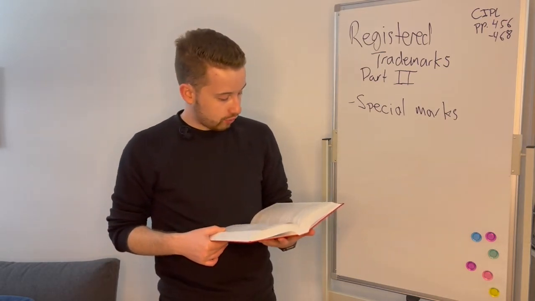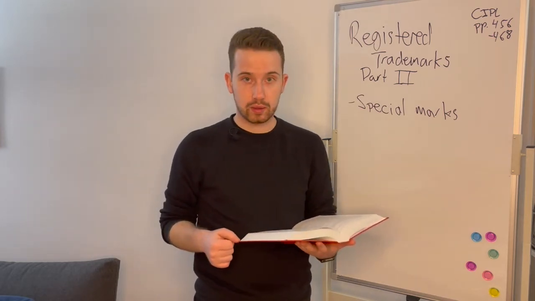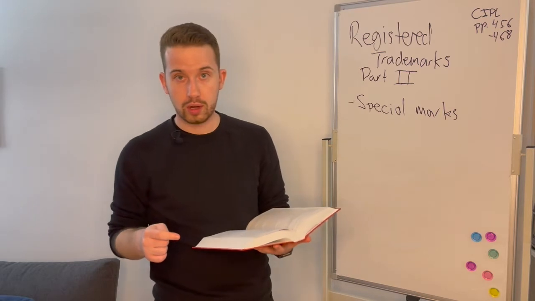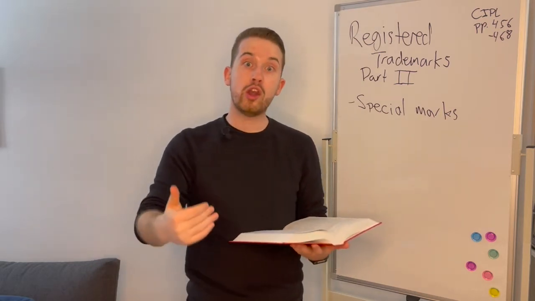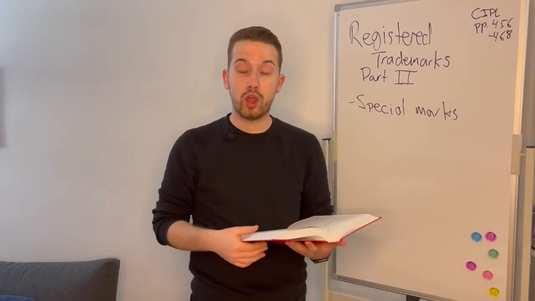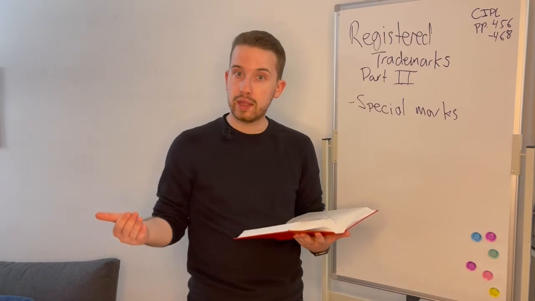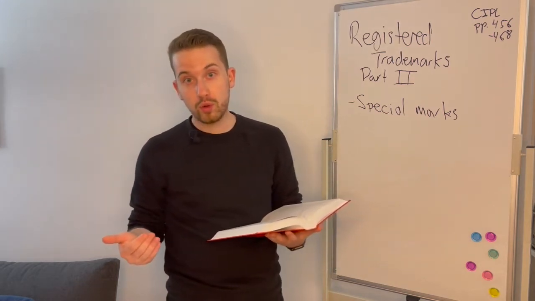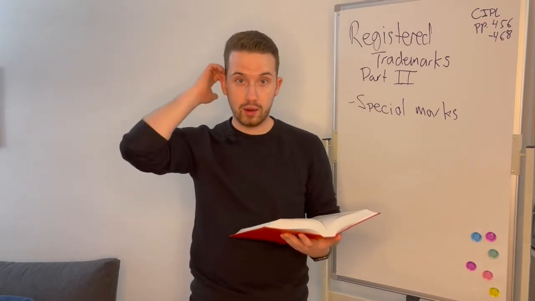That's a good example. And one of the important characteristics of a special mark is that the organization that does the certification cannot be involved in the commercialization of the product, right? Why is that? Well, of course, it wouldn't be fair if the Fair Trade Organization also sold coffee, right?